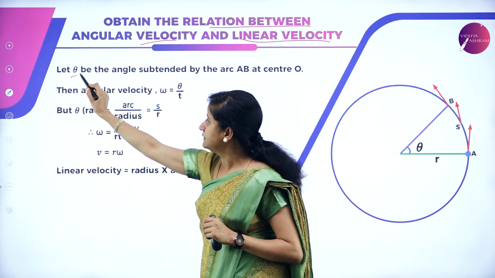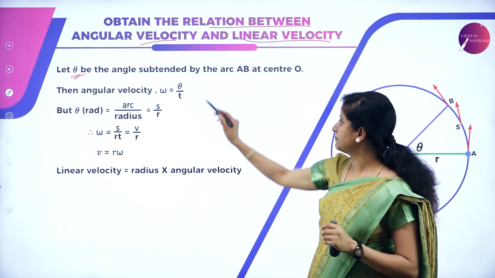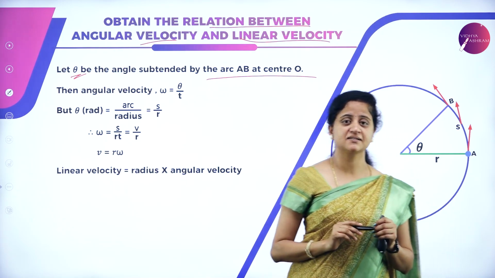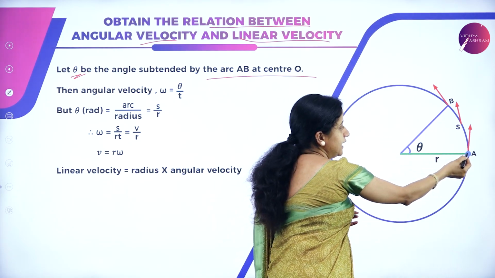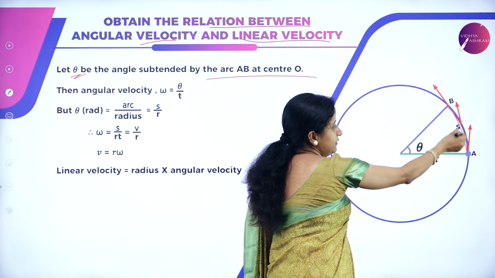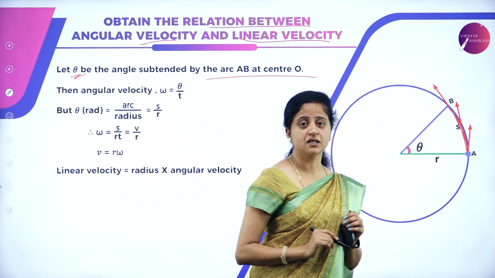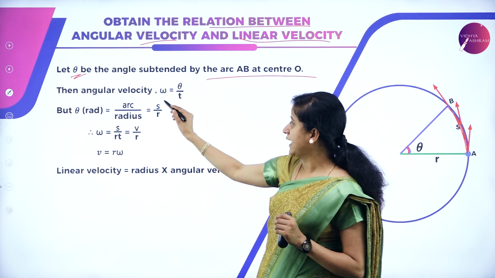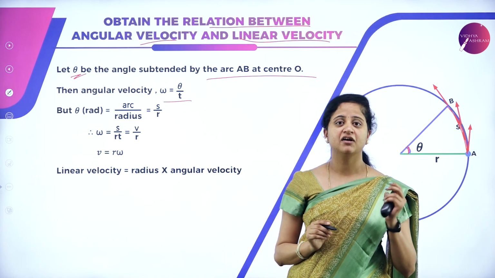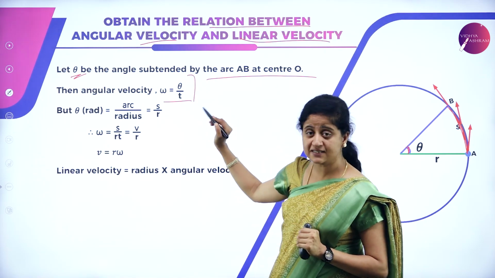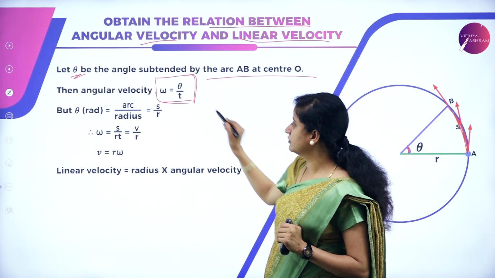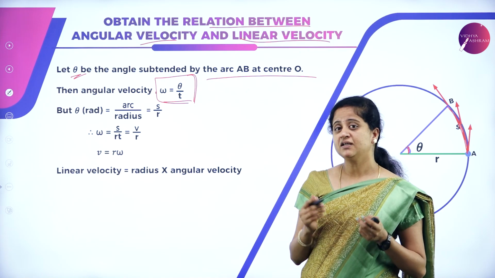Let us now write the relation between angular velocity and linear velocity. Let theta be the angle subtended by the arc AB at center O. You can see here AB is the arc which subtends an angle theta at center O. The angular velocity is defined as angular displacement by time, so omega is equal to theta divided by t. But what is theta?